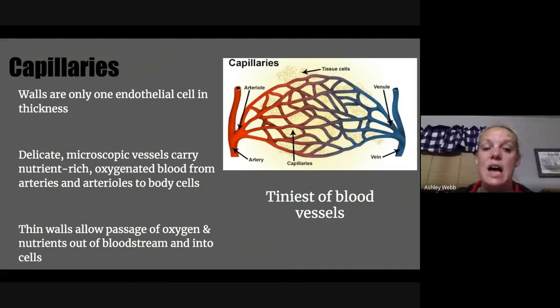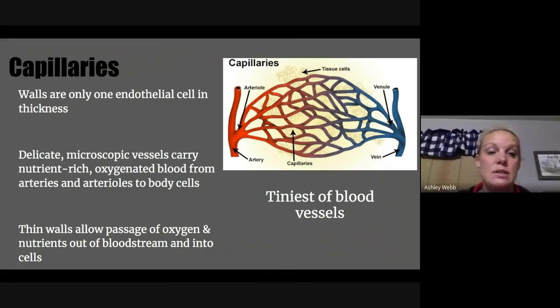There is a lot of exchanging, I guess, of oxygen and nutrients in those capillaries. They're very, very delicate, very microscopic. They carry that nutrient-rich, oxygenated blood from the arteries and arterioles to the body cells.